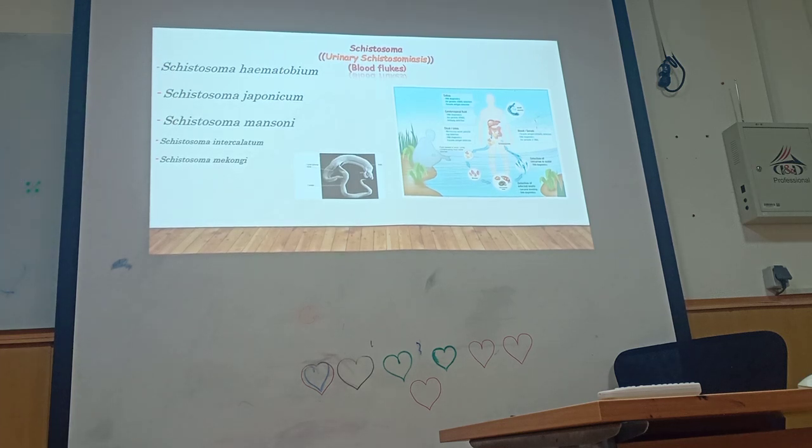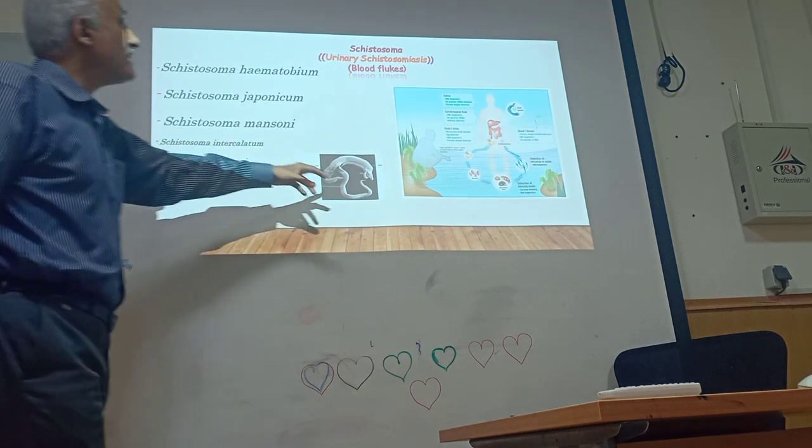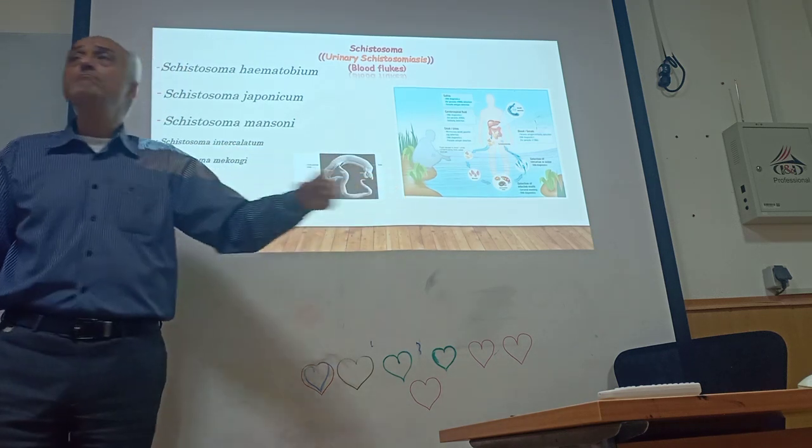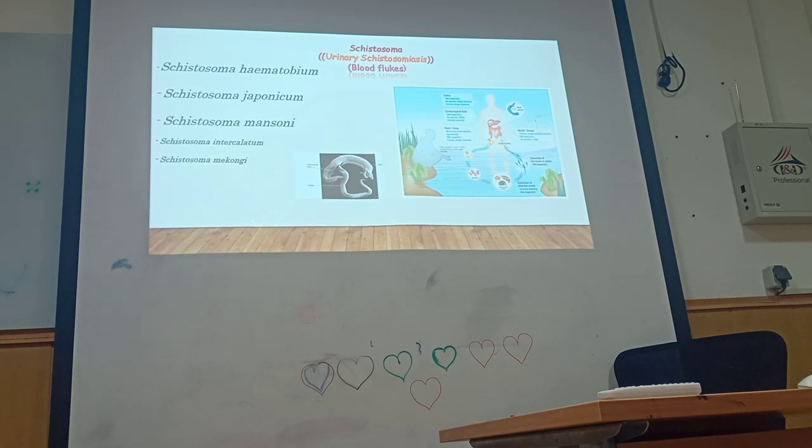So, what are the details? These trematodes, unlike the other trematodes, are sexually separated. They have males and they have females, with the females inside the males. The gynecophoric groove runs throughout the body of the male worm, and the females lie inside this groove.